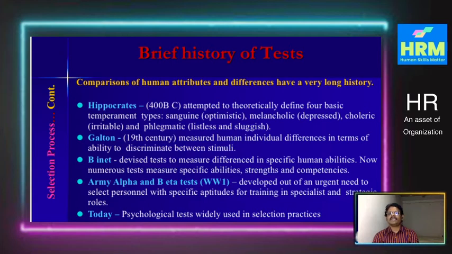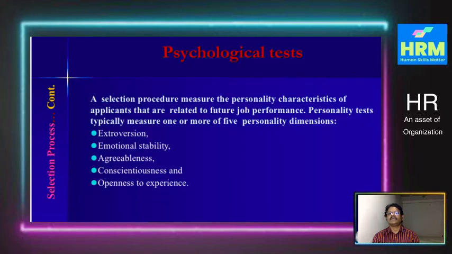So today, psychological tests are widely used in the selection process. We'll just look at what are the different types of tests that are there in the list. Psychological tests, mainly in the selection process, measure the personality characteristics of applicants that are related to future job performance.